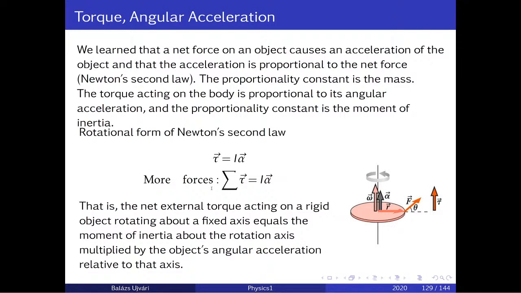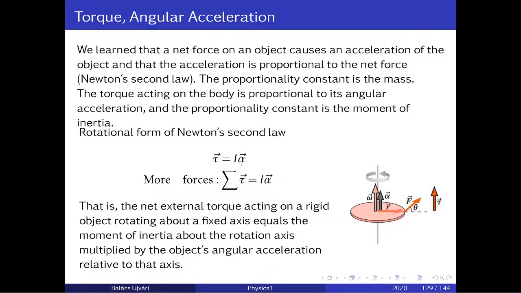Also, if there are more forces that try to rotate a body, you have to calculate the vectorial sum of the torques, and this vectorial sum is the net torque. It's similar to net force, and this is Newton's second law for rotation. Torque equals, in this case, not m times a, but moment of inertia times angular acceleration.